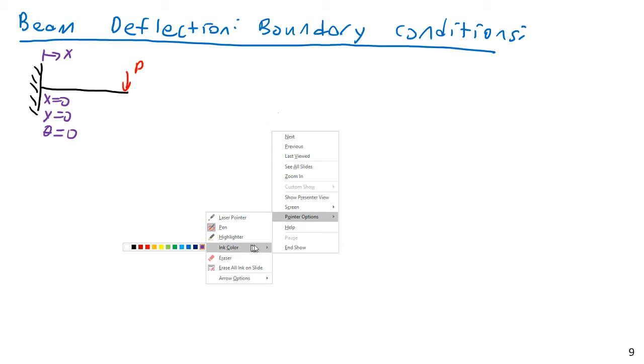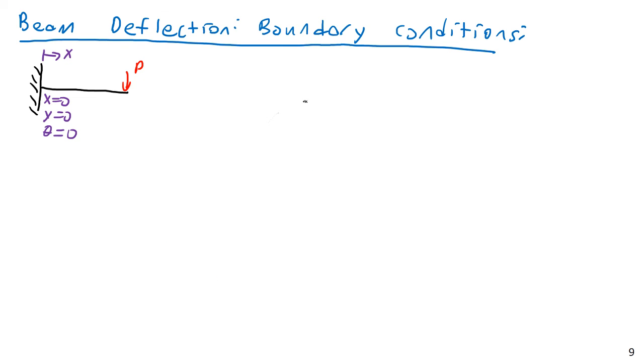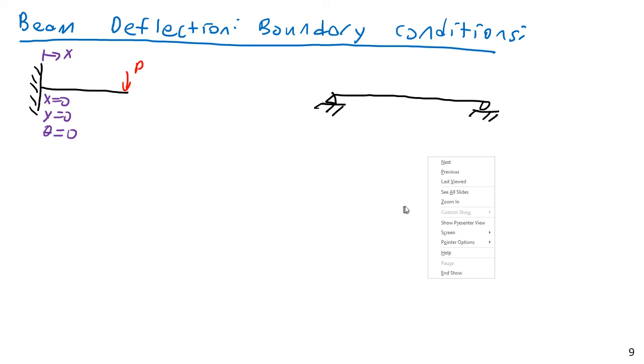Next, if we have a pin-pin or a simply supported roller-pin system, it would be the same for either one. Here, something like this, and the shape of this would be something like this, where for the fixed case we start off horizontal with a 0 slope and gradually increase our slope. Here we're going to have a slope right from the get-go.